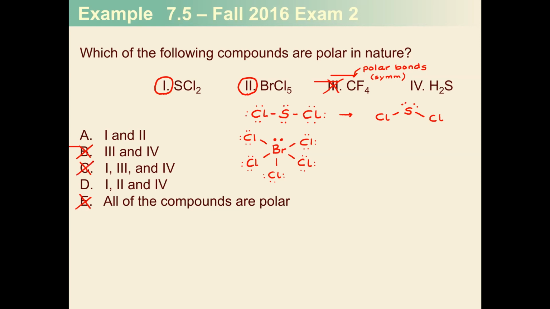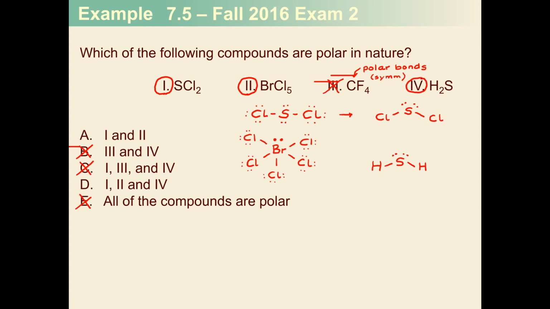So now we have to check the difference between answers A and D, and that comes down to our answer for number 4. In that case, I have H going to my S and another H, and then I would have 2 lone pairs. Notice that this has a similar molecular geometry to that of number 1. Our lone pairs of electrons do not cancel, and for our bent molecular geometry, number 4 is also going to be polar as well.